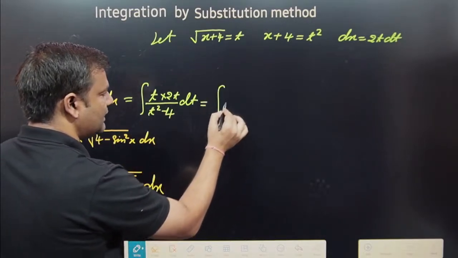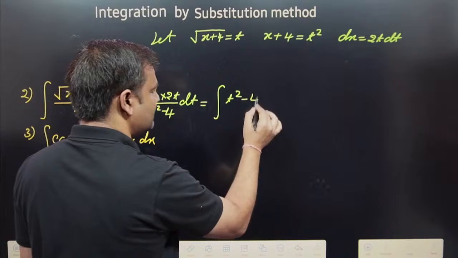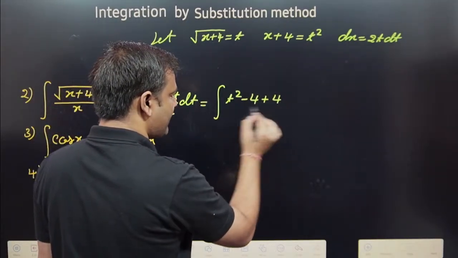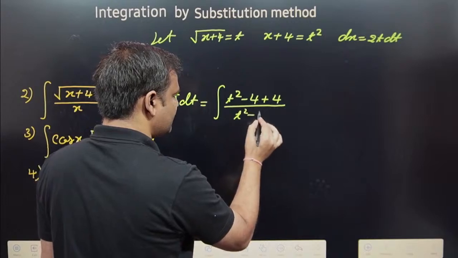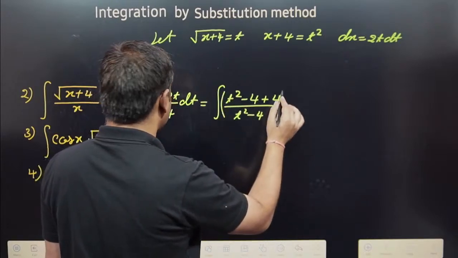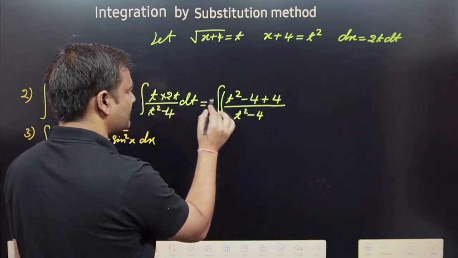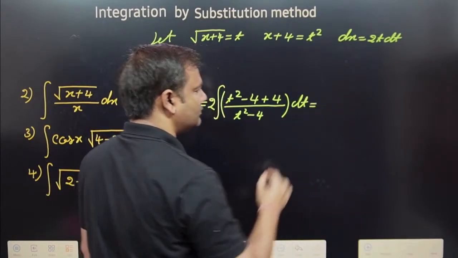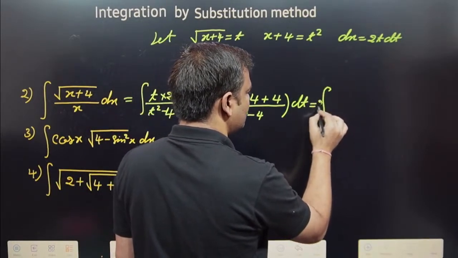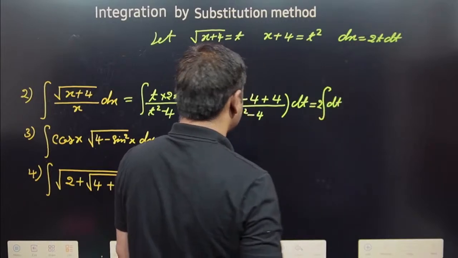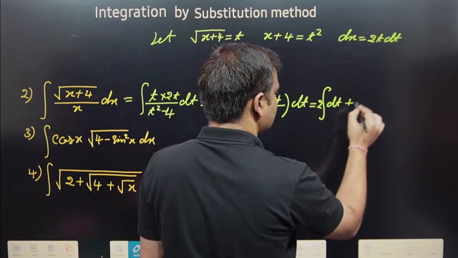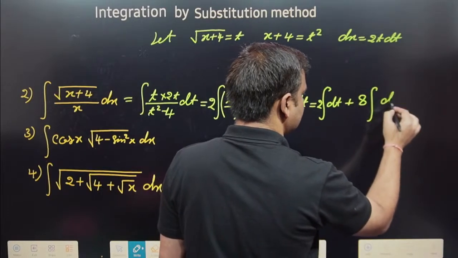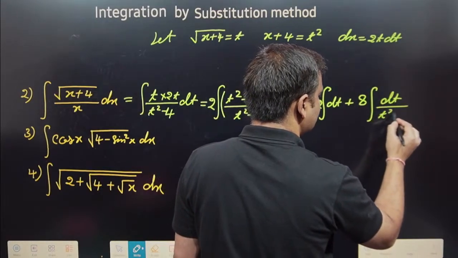Now here, adding t square minus 4, subtracting 4 and adding 4, divided by t square minus 4, into dt. Now that is 2 times the integral of dt plus 2 times 4, sorry, 4 times 2 is 8, dt divided by t square minus 4.